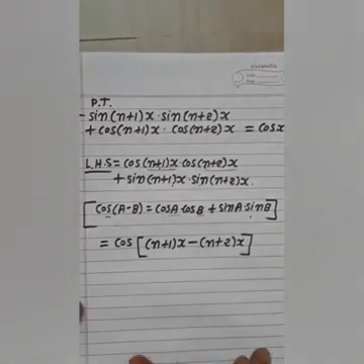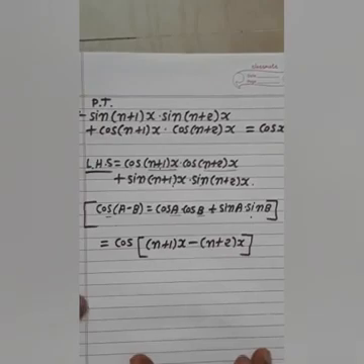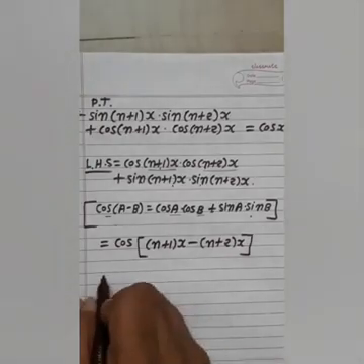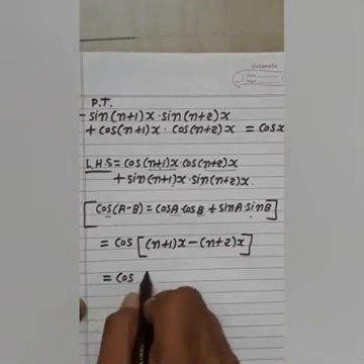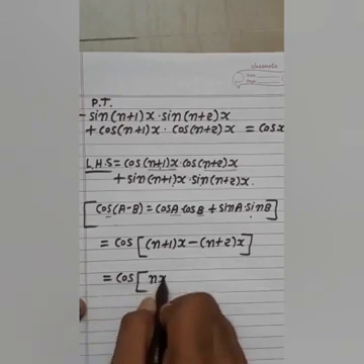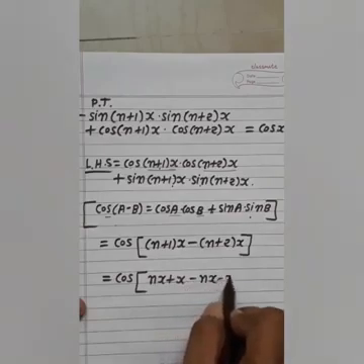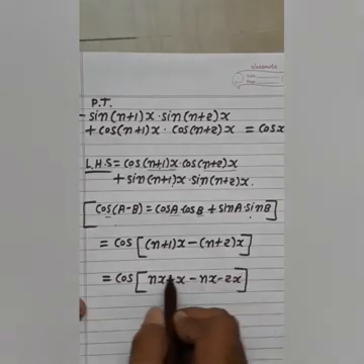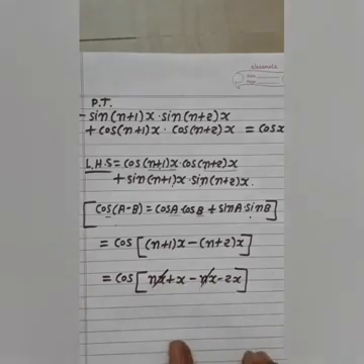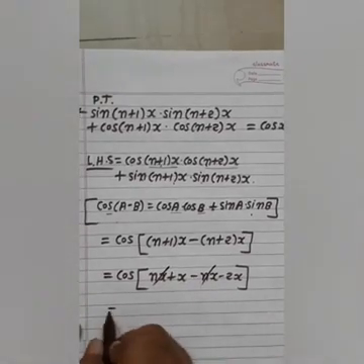Now open this bracket, so cos of (nx plus x minus nx minus 2x). Plus nx minus nx cancel out.